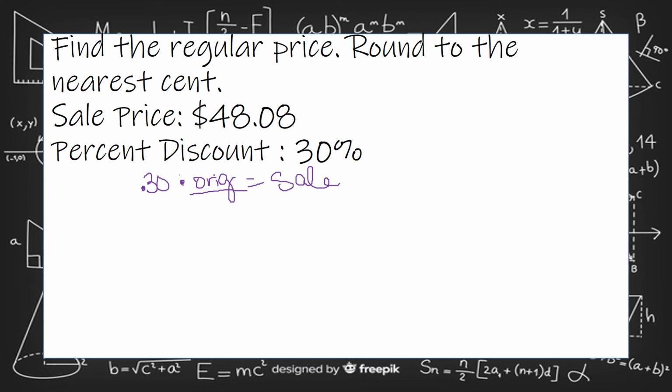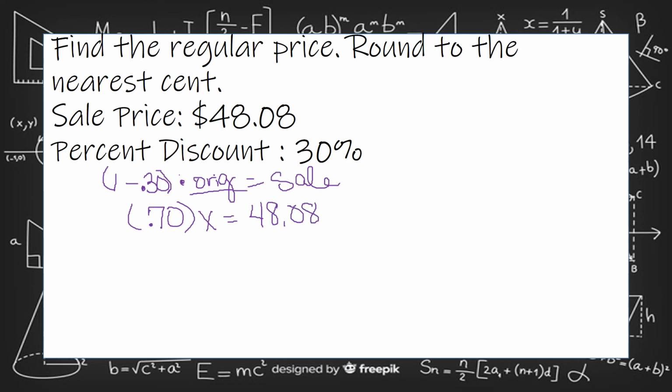It's 30% off of the original. So we actually need to say a whole, which is 100%, minus 30% times the original. So this is actually, how much are you paying? Well, when you think about a 30% discount, you're paying 70% of that original price. I'm going to put an X for that, equals the sale price.